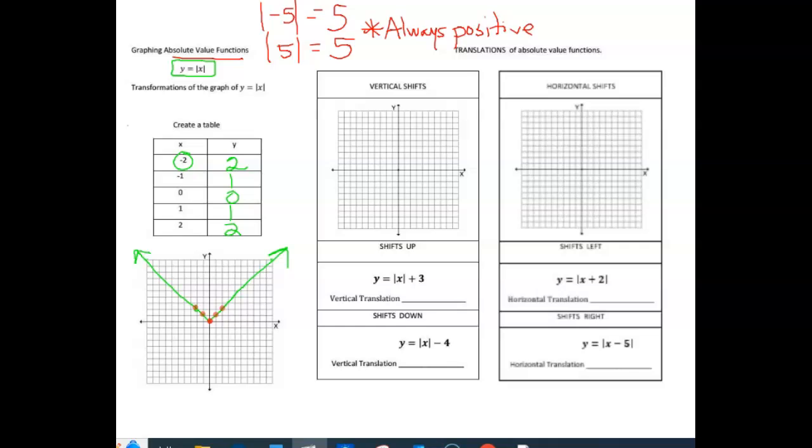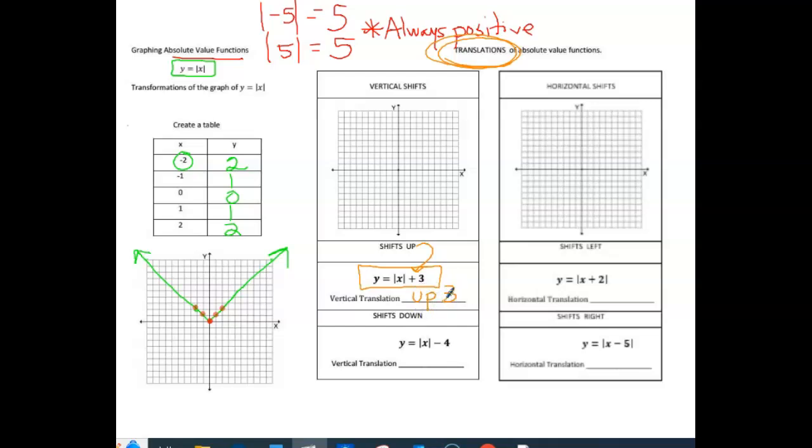So to the right, we talked about translations. In translations, it's either going to shift up or shift down. So if we look at the first one here, it's talking about shifting up. Remember when it's outside, see how this is outside the absolute value? Well, when it's outside and it's plus, this is going to shift up 3.